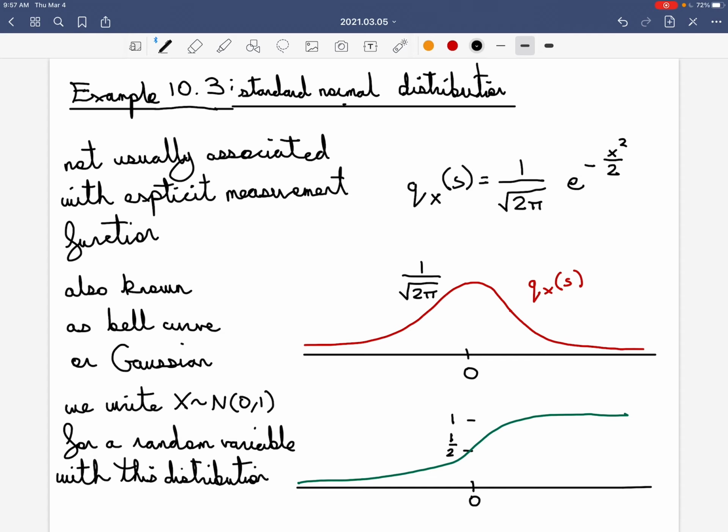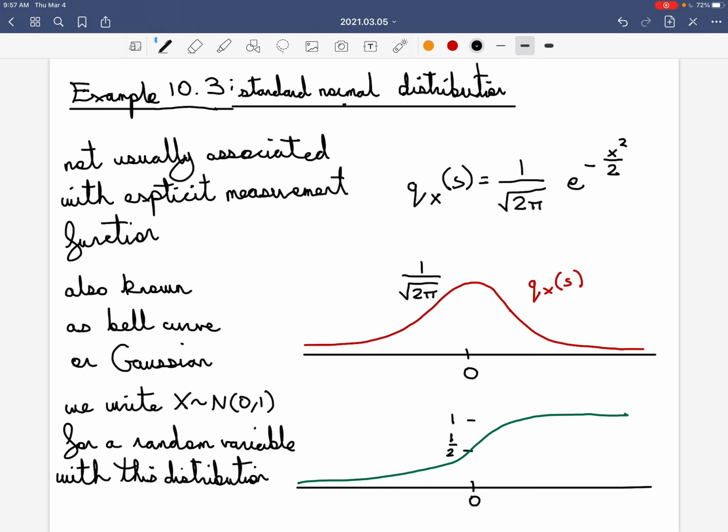But until then, you'll just have to take it on faith that this thing is something important, because I can't give you an easy physical analogy for it like I can with the standard uniform distribution, where you're picking a random number between 0 and 1.